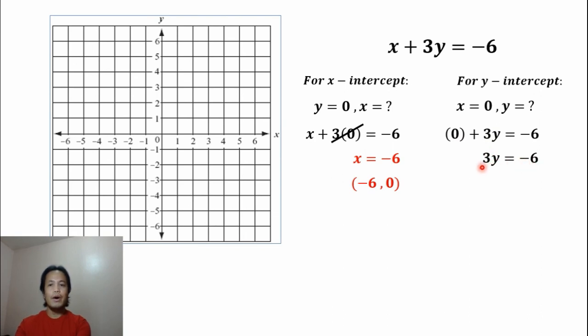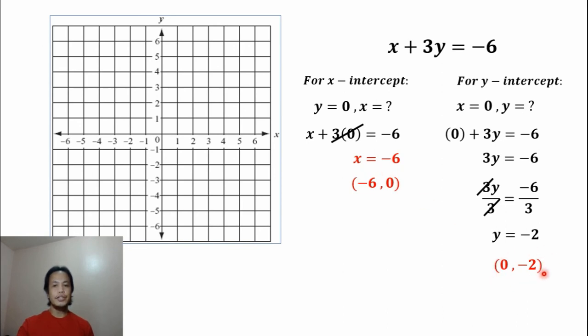Now, to solve for y, we divide both sides of the equation by 3. Then we cancel out the 3. So what remains here is y equals negative 6 divided by 3, which is negative 2. So therefore, our ordered pair will be 0 for x and negative 2 for y. Now, this is our x-intercept and this is our y-intercept.